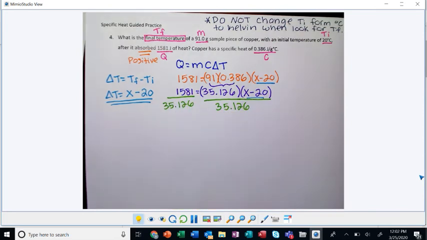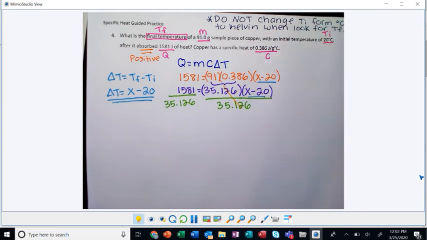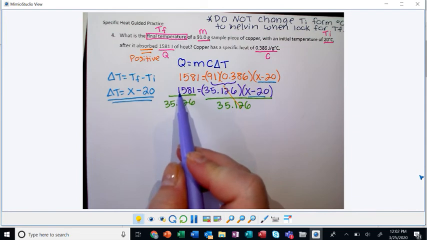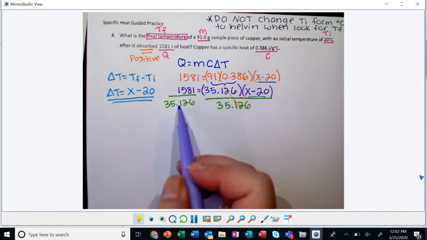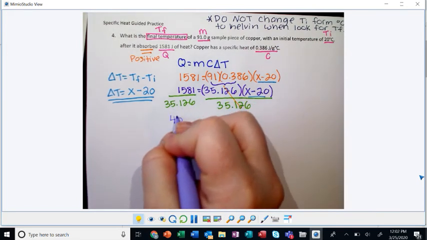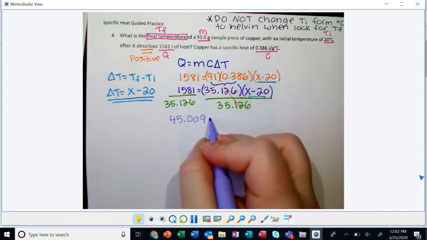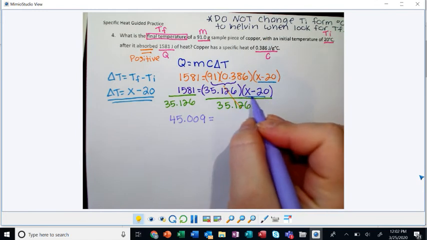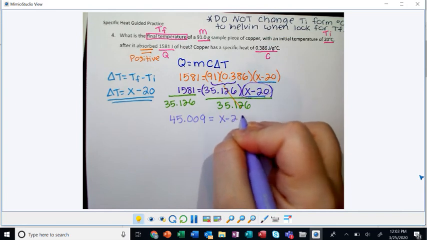Okay. Now these two numbers cancel each other out, right? You are going to put into your calculators 1,581 goes on top. It's first, divided by 35.126, and you should get 45.009. And I rounded, equals, I still have this x minus 20 right here. So x minus 20.